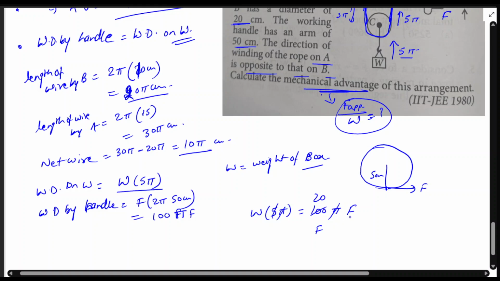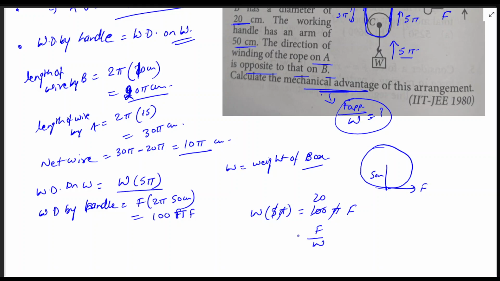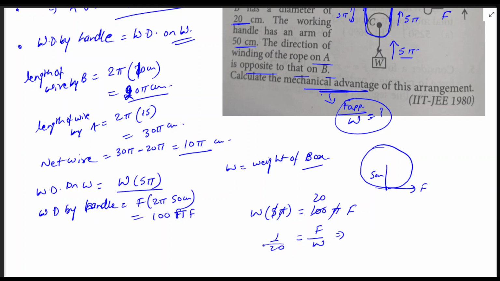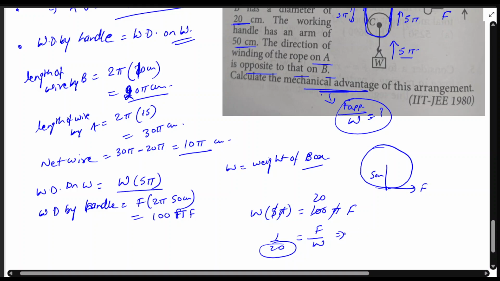So applied force was F and this was weight, so it will be 1 by 20. So what is the mechanical advantage? It is 20 times, right?